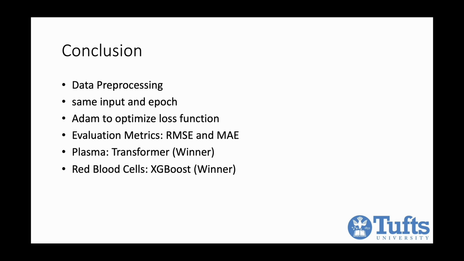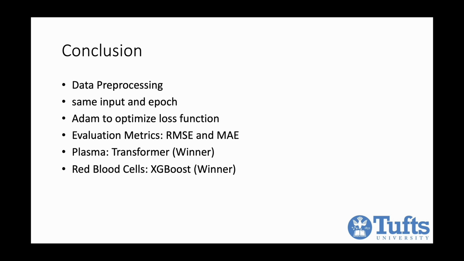Okay, to conclude, in my project, a comparison between LSTM, GRU, transformer, and XGBoost was proposed to make predictions on blood data, so that blood centers could make strategies on blood storage to avoid blood waste. First, the original data was pre-processed, and only the plasma and red blood cells were kept for training.